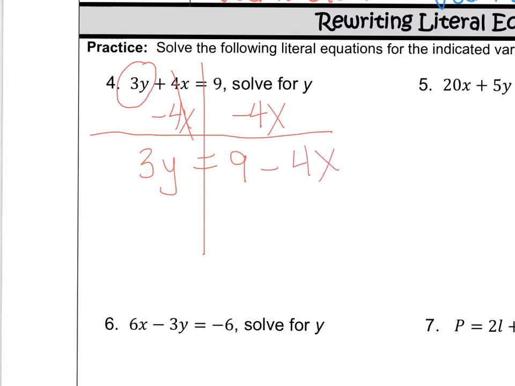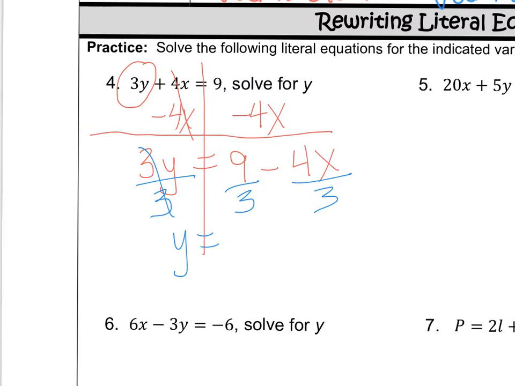Now we're still in the isolate phase. We got rid of the plus 4x, but our y is still being multiplied by 3. So the inverse operation of multiplying by 3 is to divide every term by 3. And when I divide those, that leaves me with y equals.